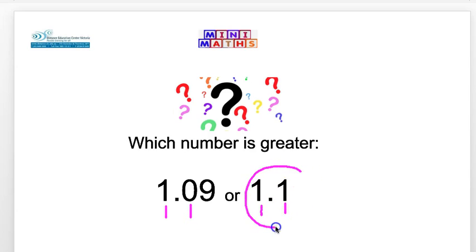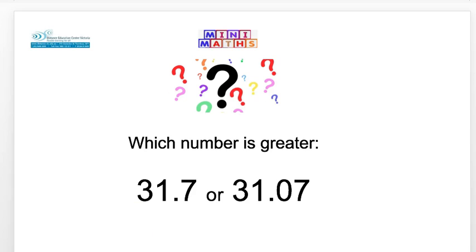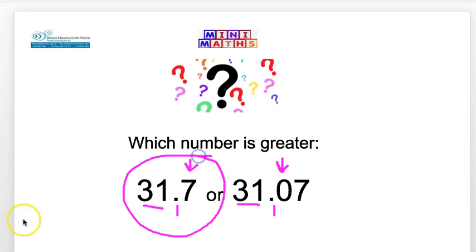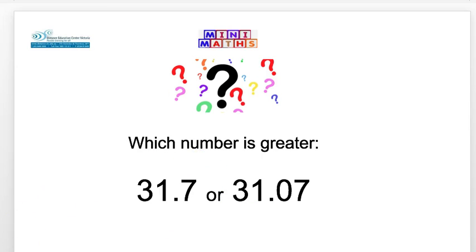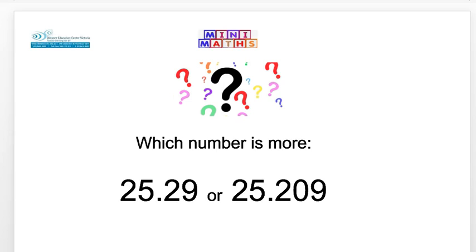The minute that you have 1/10, the number is going to be bigger. And we did the same for this one. We looked at that and that, exactly the same. The decimal point tells us we're working in tenths. I had 7 tenths there, but if you have no tenths, this number here will be greater. Pretty easy to work out once you know how.